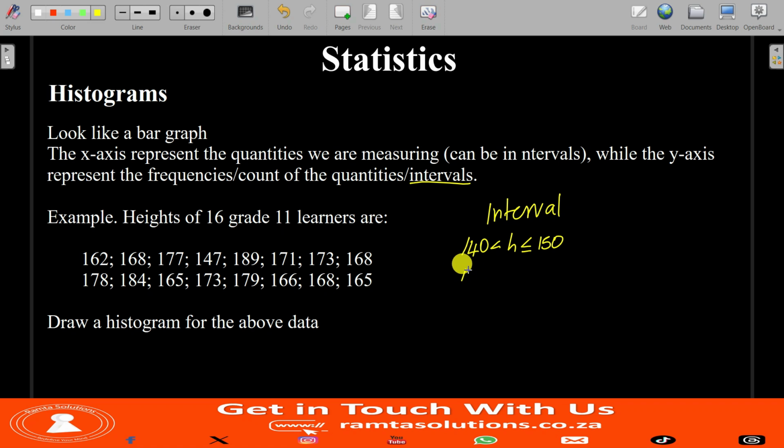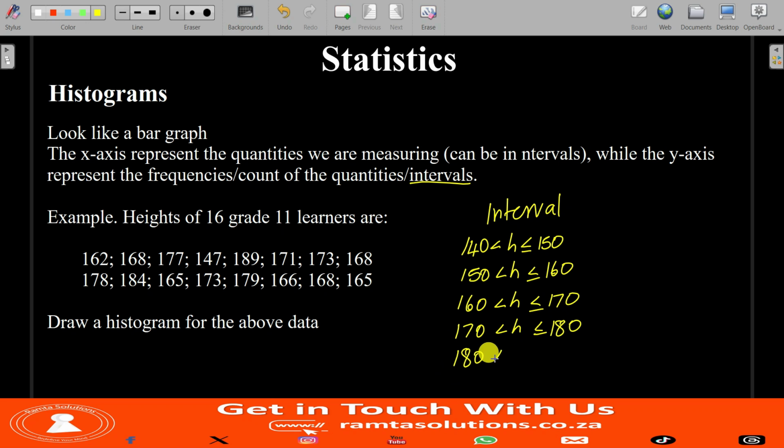Then height is greater than 150 but less or equal to 160. Then greater than 160 but less or equal to 170. Greater than 170 but less or equal to 180. Then lastly, greater than 180 but less than or equal to 190.